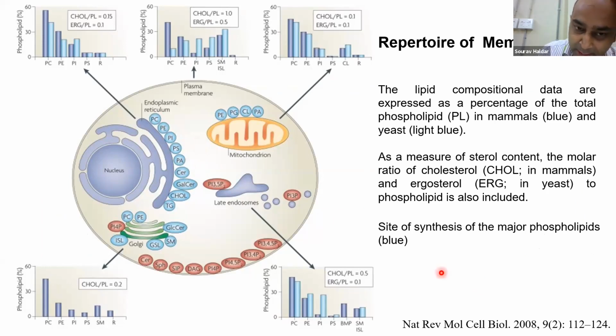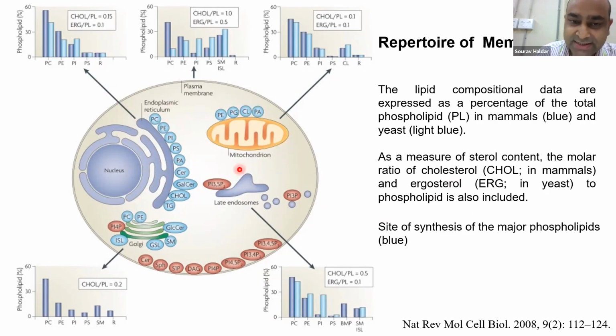For example, this slide shows that between two species, yeast and a typical mammalian cell, each organelle has a different lipid composition.